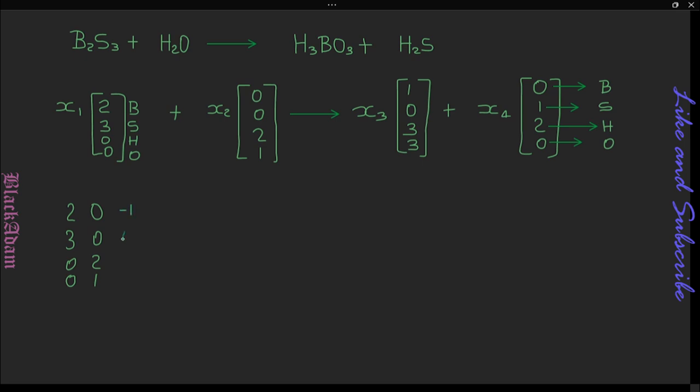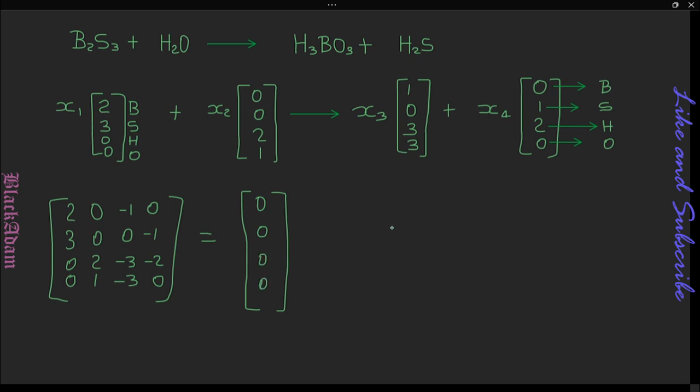So that will mean that now we have negative 1, 0, negative 3, and negative 3, and then we have 0, negative 1, negative 2, and 0. So all that, since we took everything from right to left, then what is left on the right is 0. So I have 0, 0, 0 for barium, sulfate, hydrogen, and oxygen.